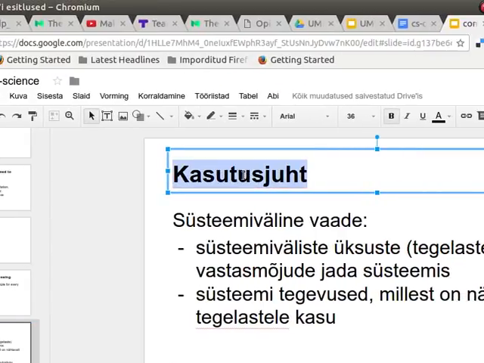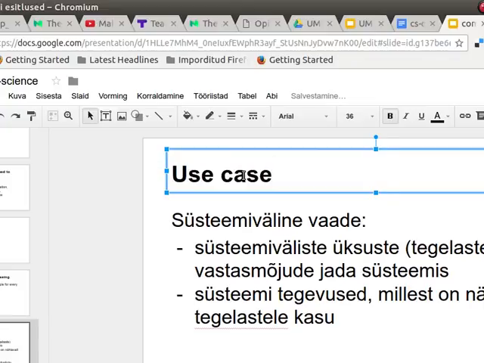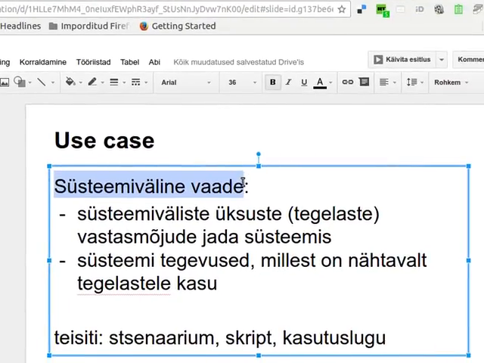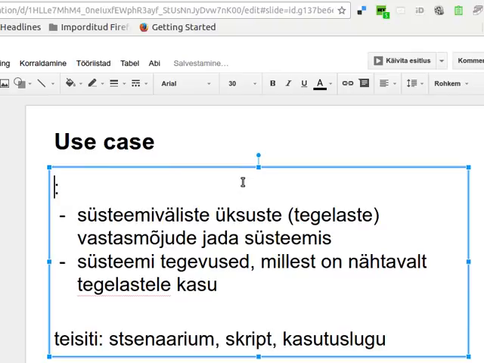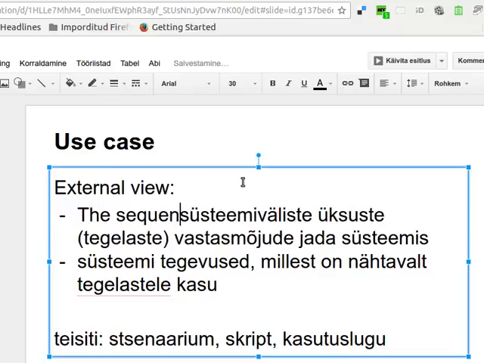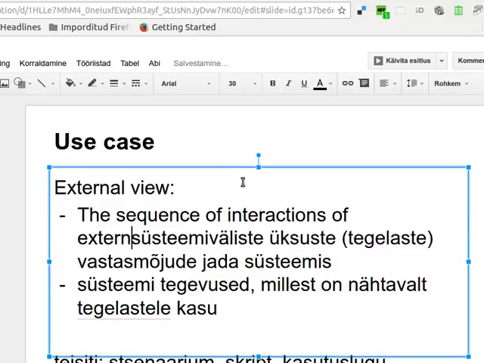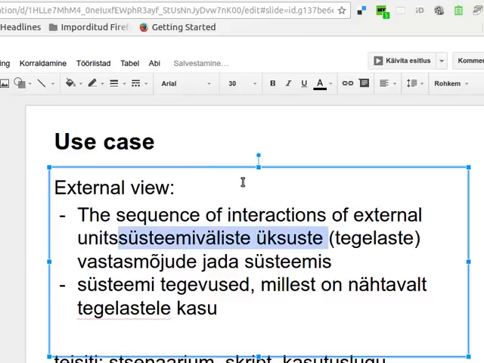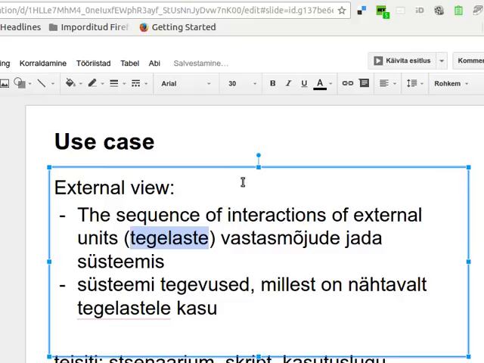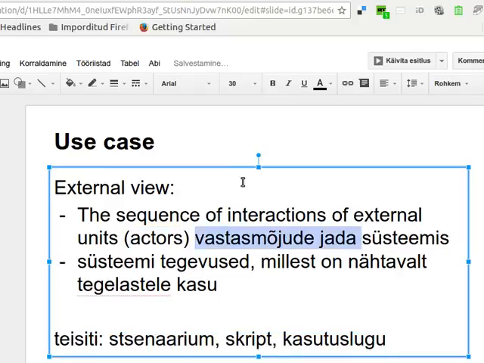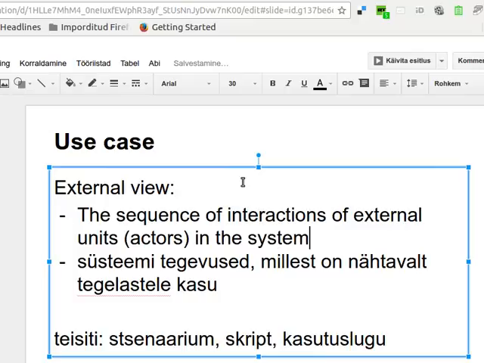So, kasutusjuht in English is use case. It displays an external view, external from the system, and this is the sequence of interactions of external units that are called actors in the system.